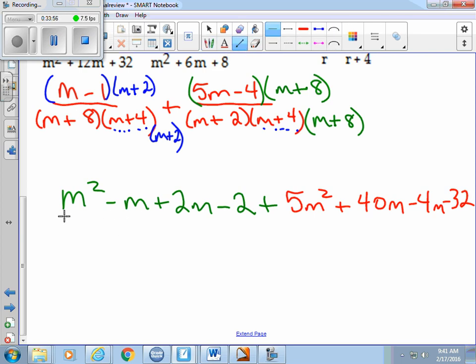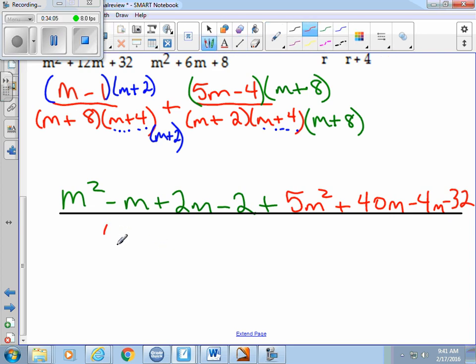Remember, the denominators are the same, right? So now I can just write one denominator. It's m plus 8, m plus 4, m plus 2. It has all the pieces.